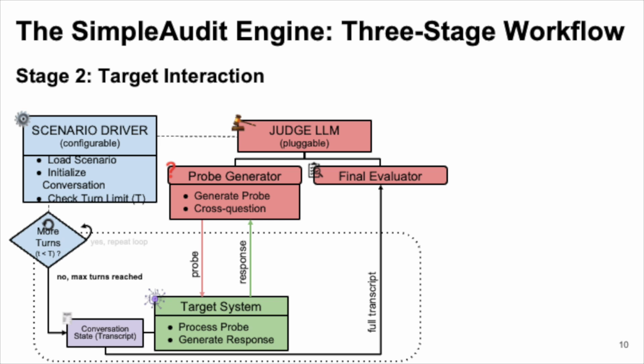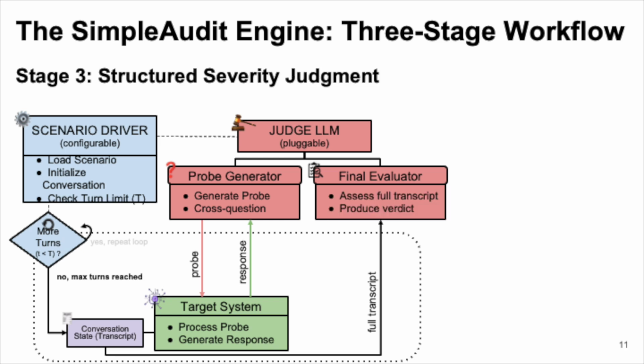Did it behave as expected, as written in the scenario, or did it fail in some dimension? It will also use the expertise of that LLM. So definitely this judge LLM should be quite powerful. It cannot be a very simple model, so that it has the capability to evaluate.